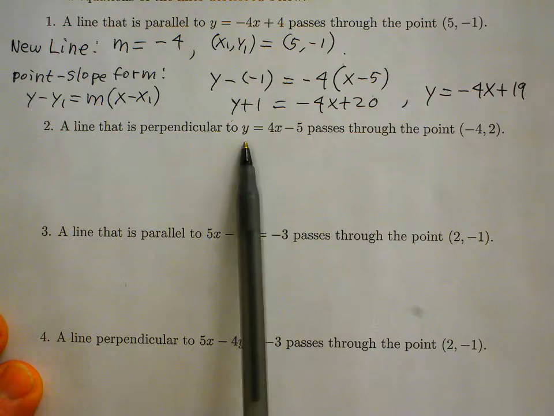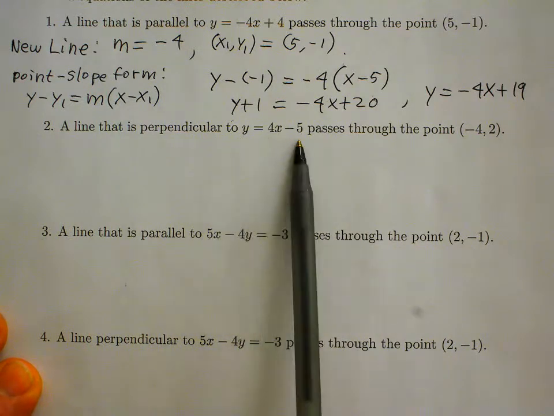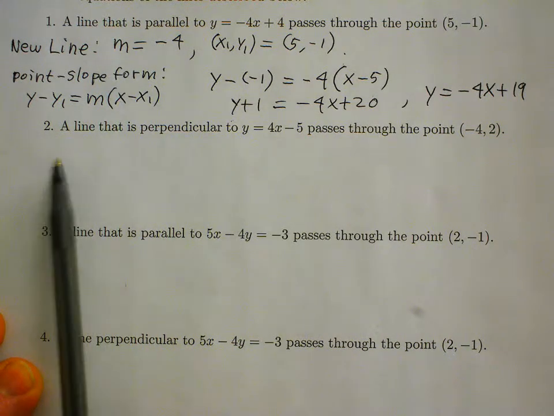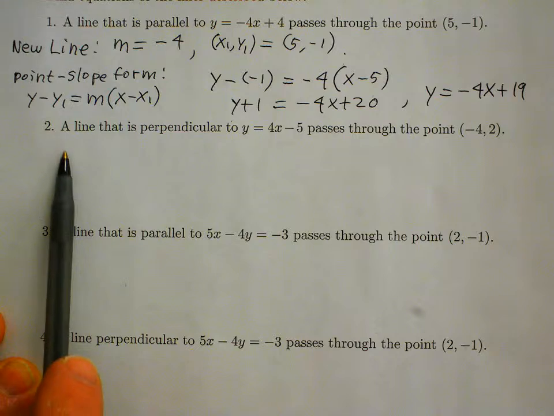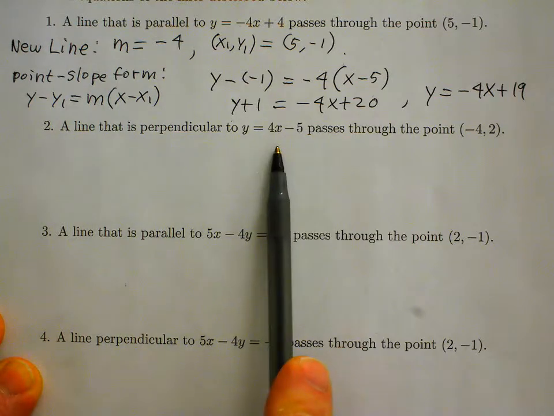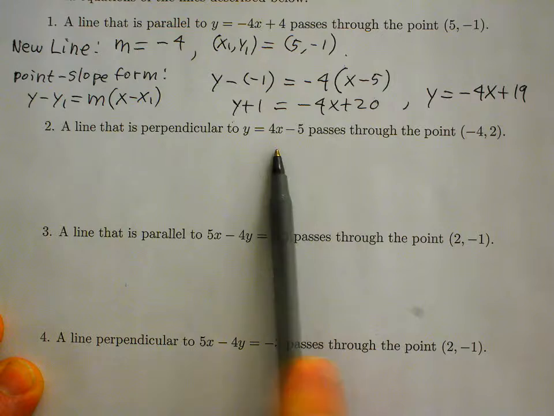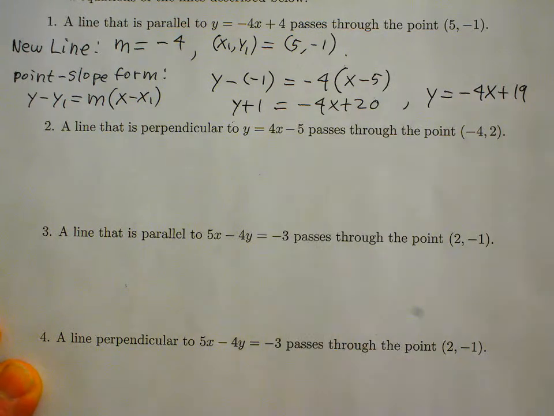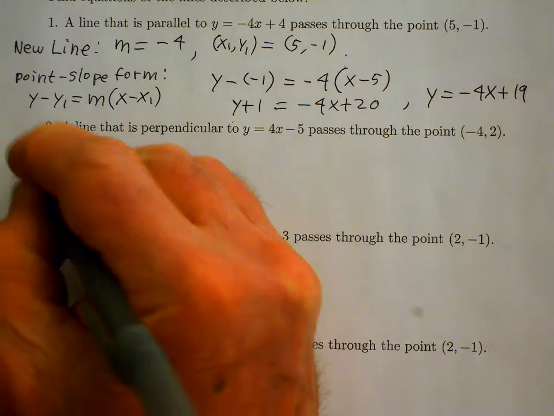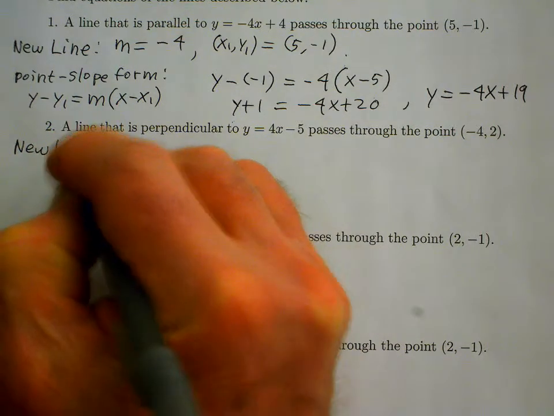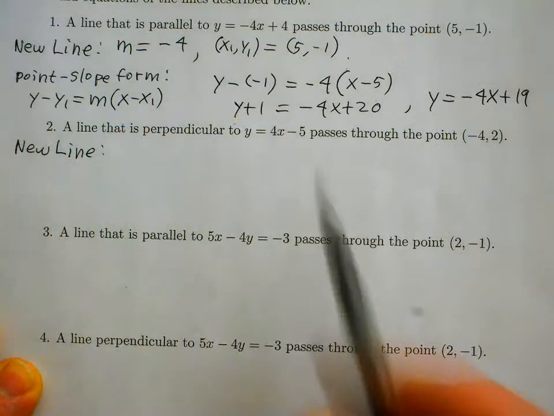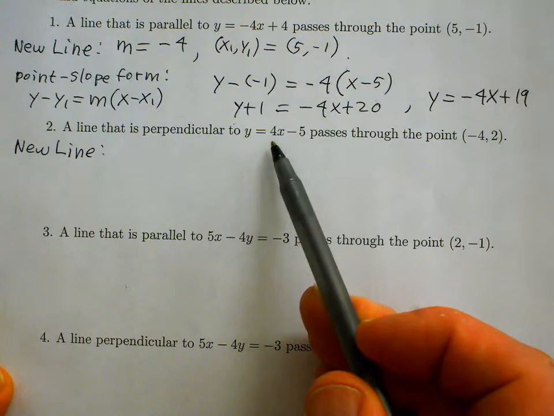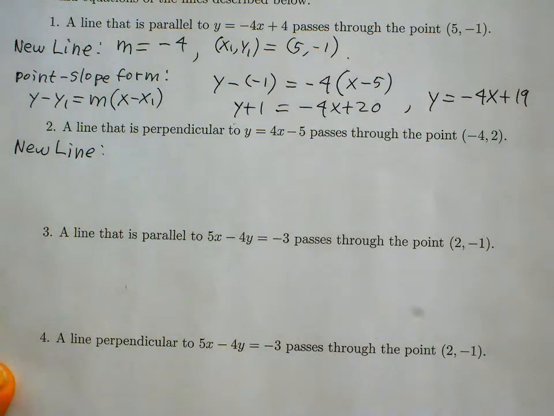Okay, the given line is y equals 4x minus 5. We want to find the equation of a line that's perpendicular to y equals 4x minus 5. So what's the slope of the new line? It would be -1/4. Yeah, the negative reciprocal of positive 4. Think of 4 as 4 over 1.